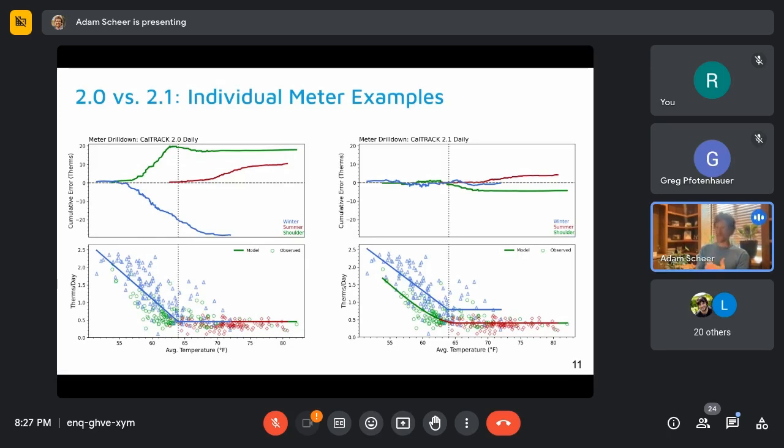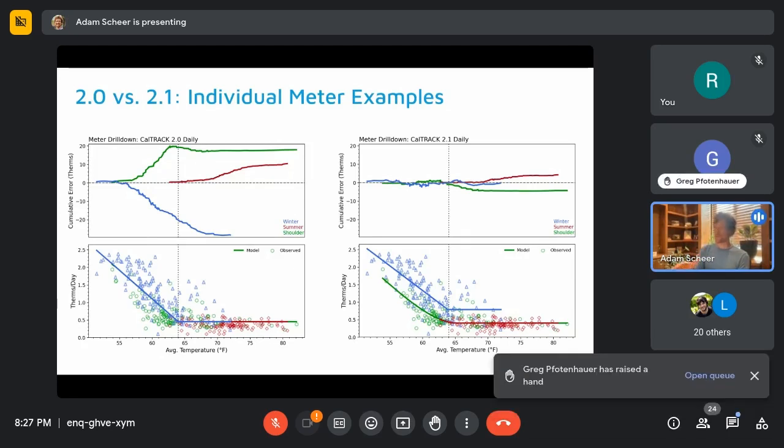The Caltrack 2.1 model has split into two distinct models. One models only the wintertime consumption. That's the blue line on the right bottom plot. And the summer and shoulder have been combined into one independent model that has been smoothed around the balance point temperature.